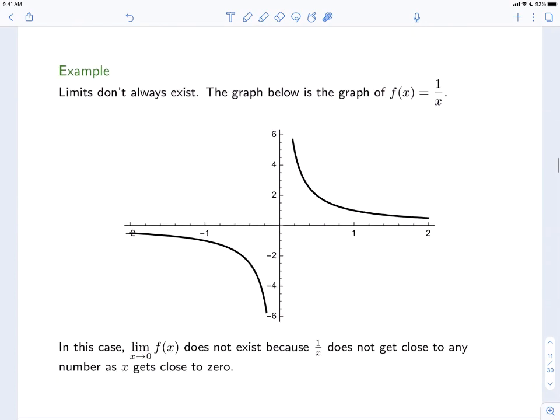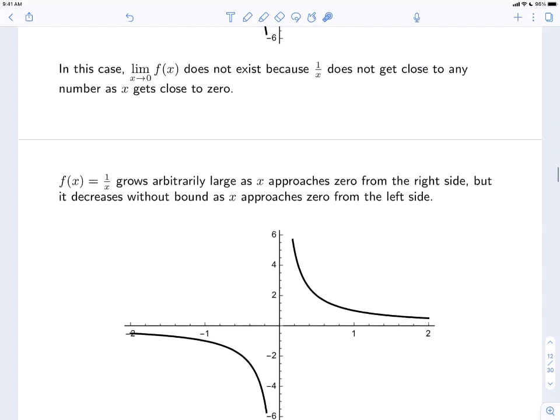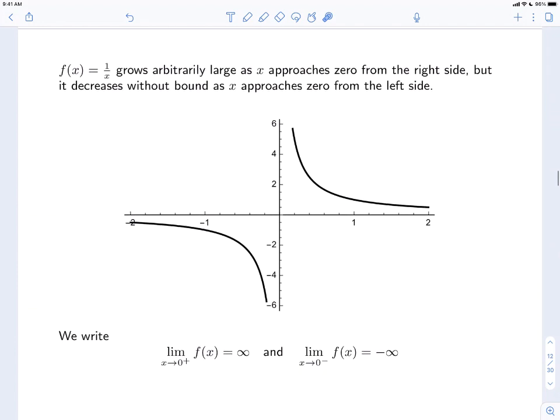We've been looking at examples where limits do exist, but limits don't always exist. The graph below is the graph of f at x equals 1 over x. Now in this case, the limit as x approaches 0 does not exist because 1 over x does not get close to any number as x gets close to 0. F at x equals 1 over x grows arbitrarily large as x approaches 0 from the right side.